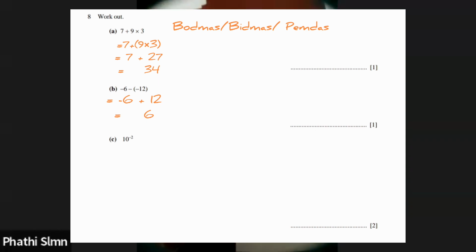Good. There's this law of indices that says if you've got x to the power of negative a, this is the same as 1 over x to the power of positive a. You remember this one?